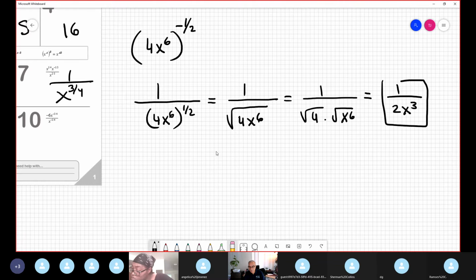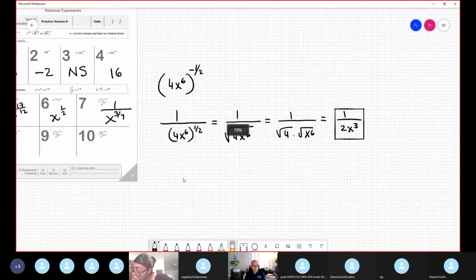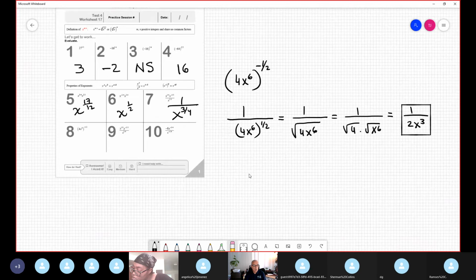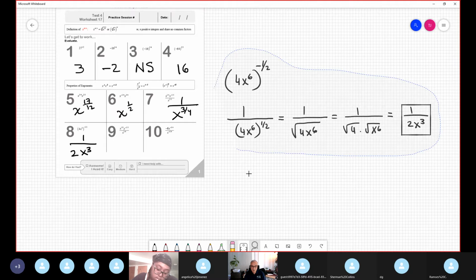Final answer: 1 over 2x cubed. Okay, super. This is the easy part. This looks like an example from middle school.